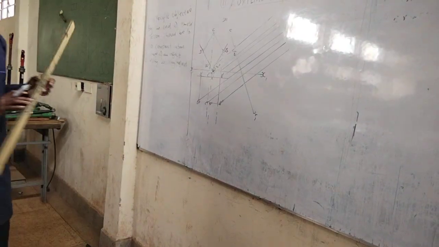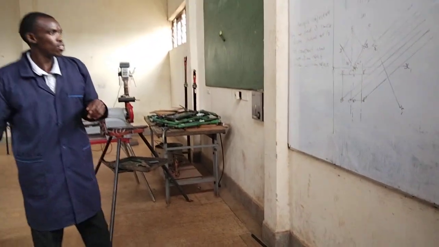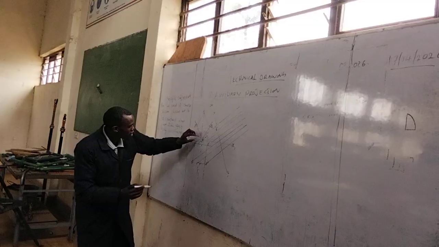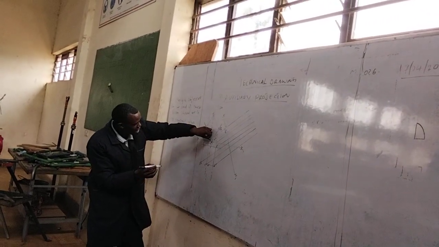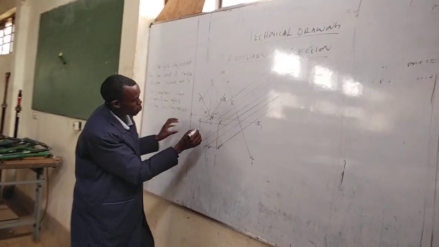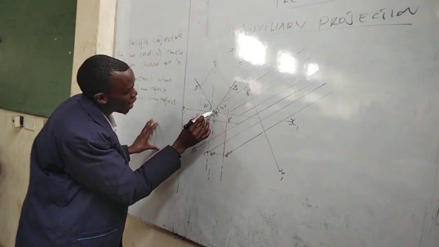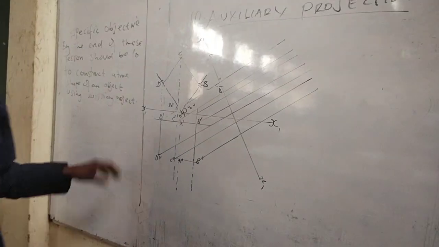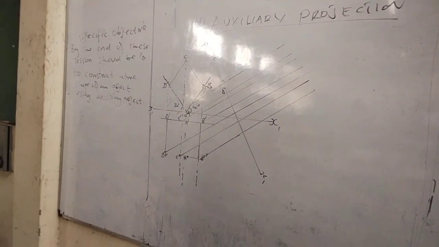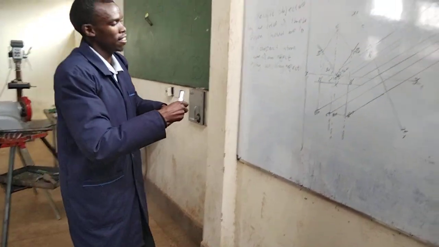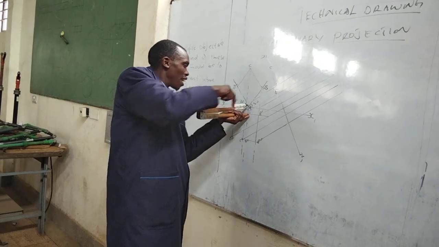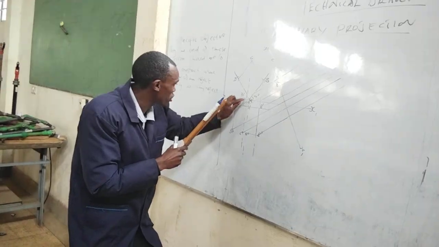Okay, so from there, to get point A, you follow, so you have point A here. So you measure, using a protractor, you measure from point A to A1. Like that one. And you track those, project your line.